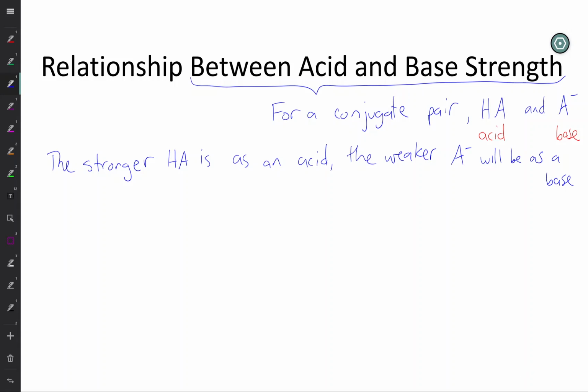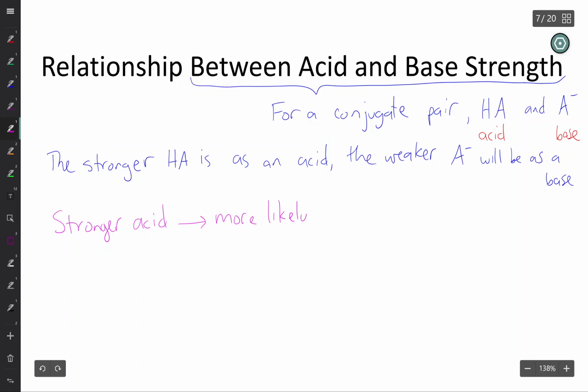So the logic is this. A stronger acid means it's more likely to give away H plus. If it's more likely to give away H plus, it's less likely to take it back.